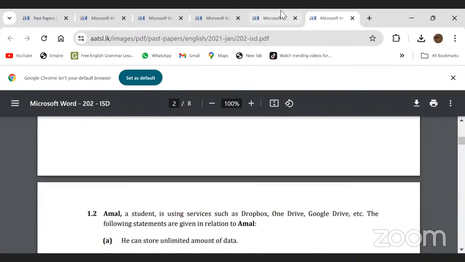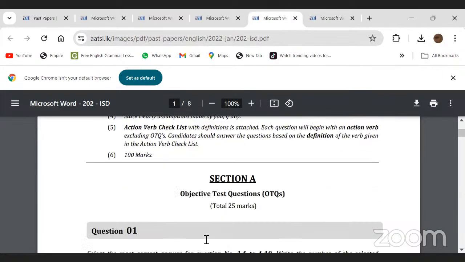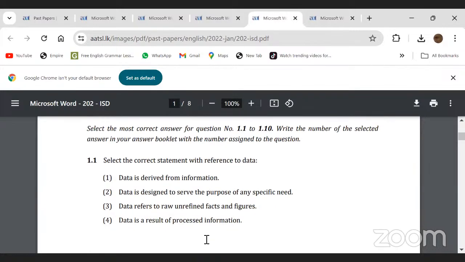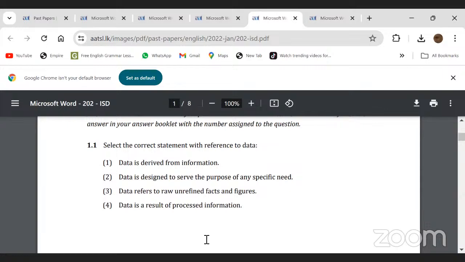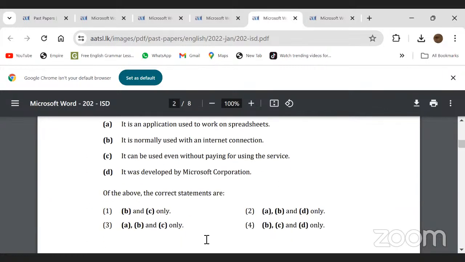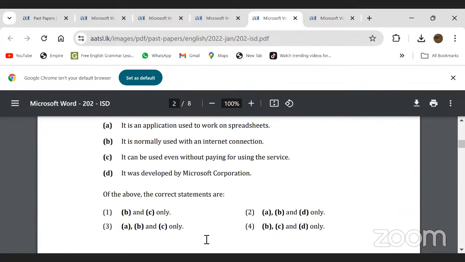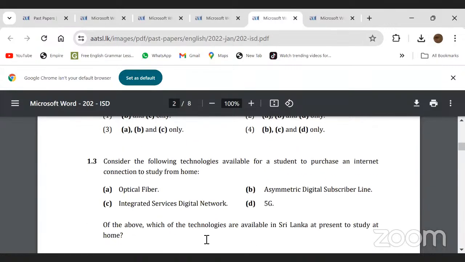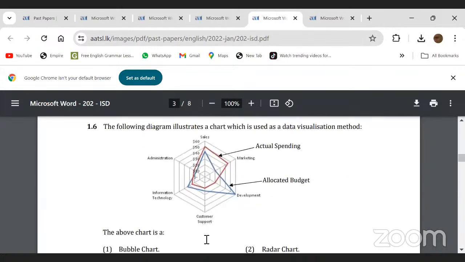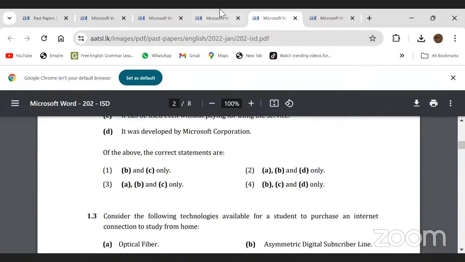If you consider another paper, first we'll go to MCQs. This is also from the first lesson, data, information, information systems. What are the areas we have covered in topic number 1? You can identify any.